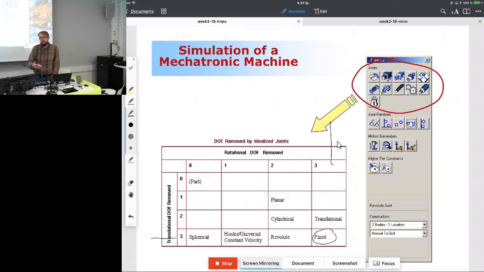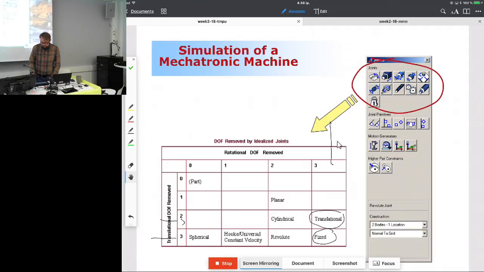It means that you need a total of 6 constraint equations. All right? If you're using a translational joint, you will eliminate 3 rotational degrees of freedom and 2 translational degrees of freedom. 5 constraint equations are needed. In a similar way, you can check other basic joints from this matrix.